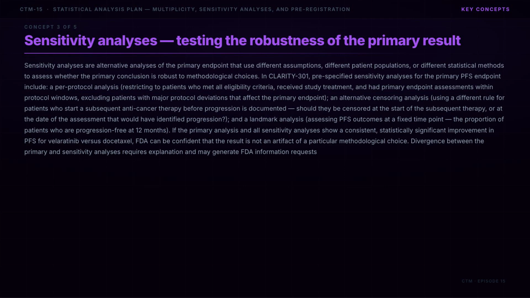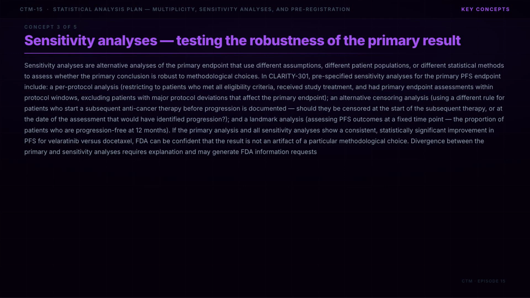In Clarity 301, pre-specified sensitivity analyses for the primary PFS endpoint include a per-protocol analysis, restricting to patients who met all eligibility criteria, received study treatment, and had primary endpoint assessments within protocol windows, excluding patients with major protocol deviations that affect the primary endpoint.